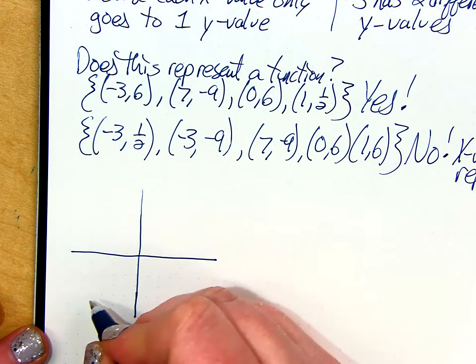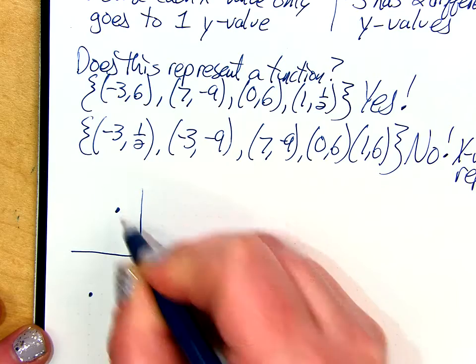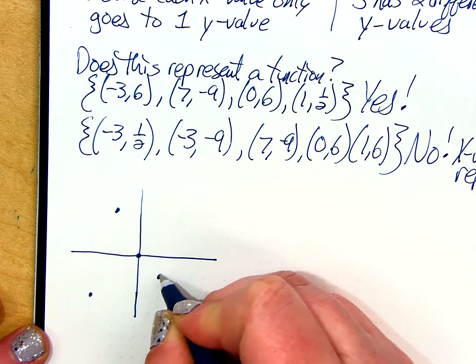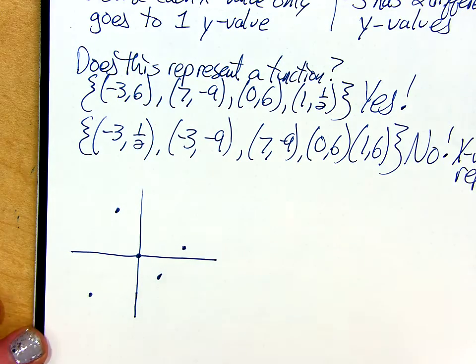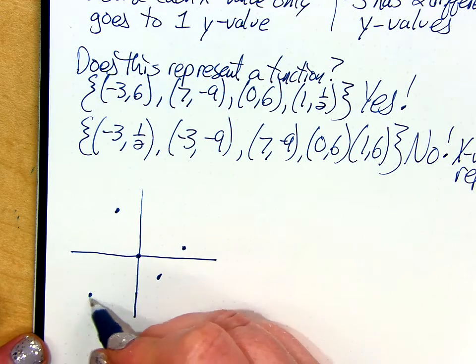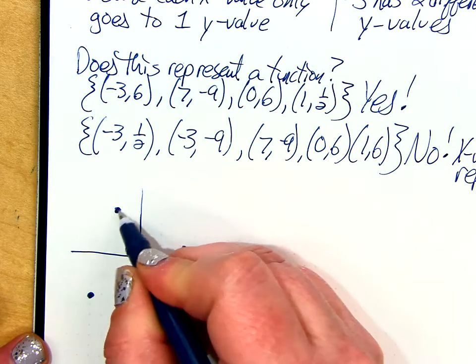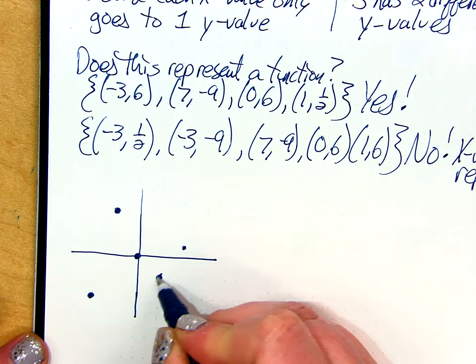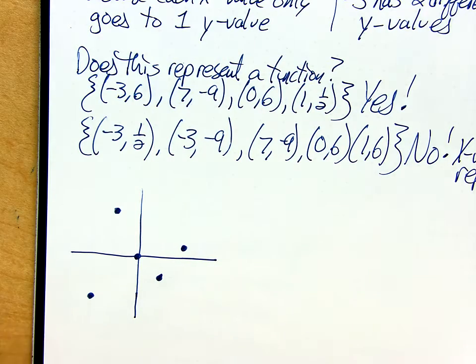Let's say I had a dot here, here, here, here, and here. You can tell at just a glance if that is or isn't a function.